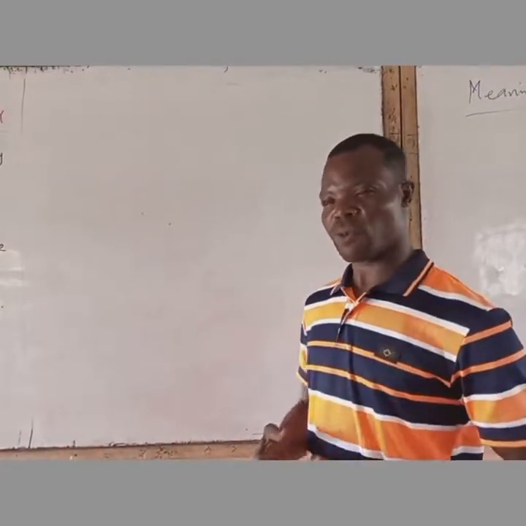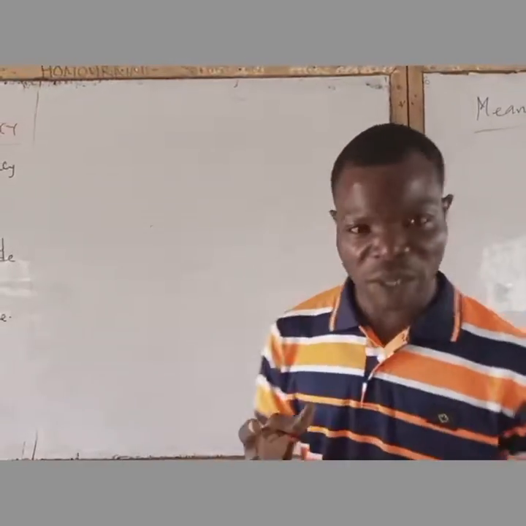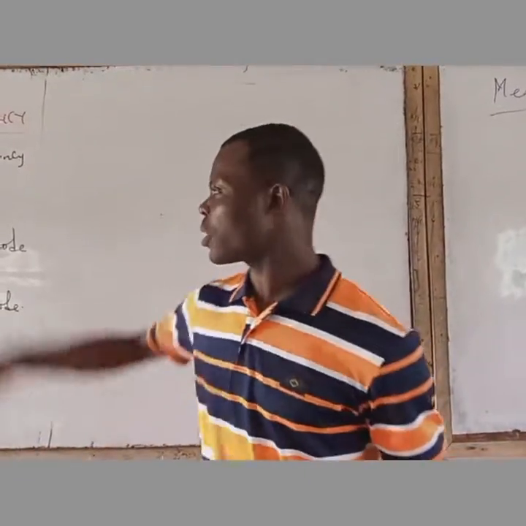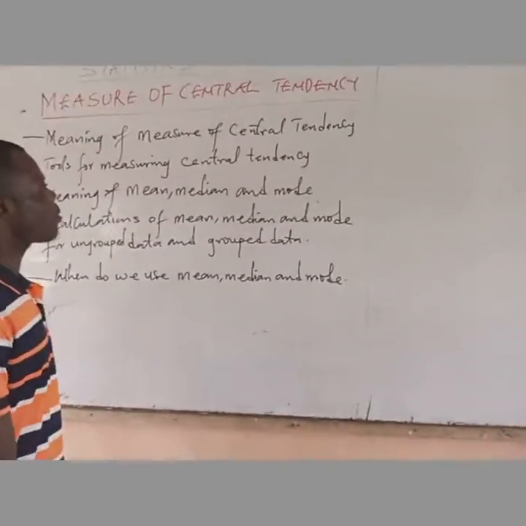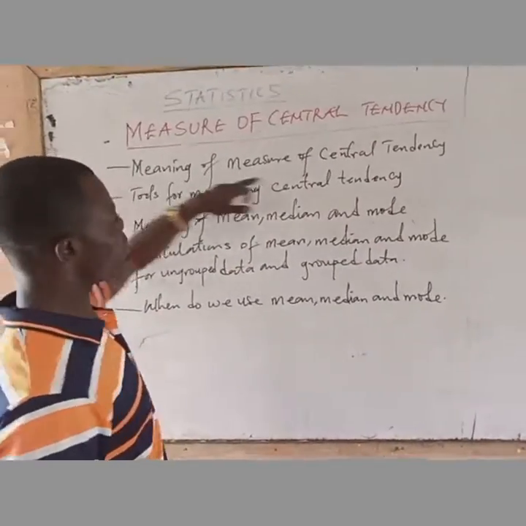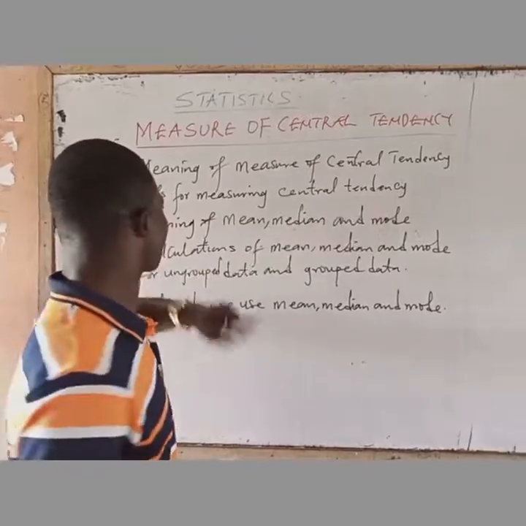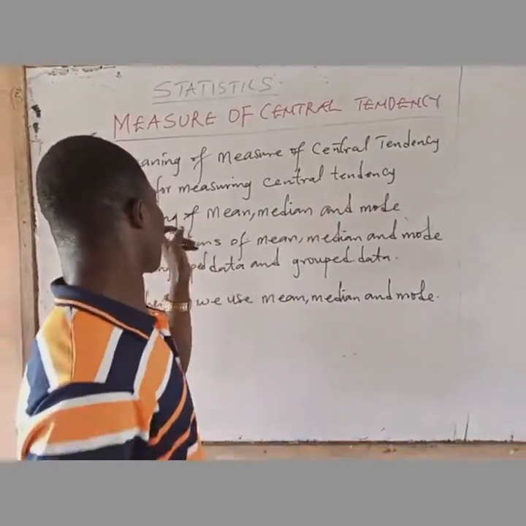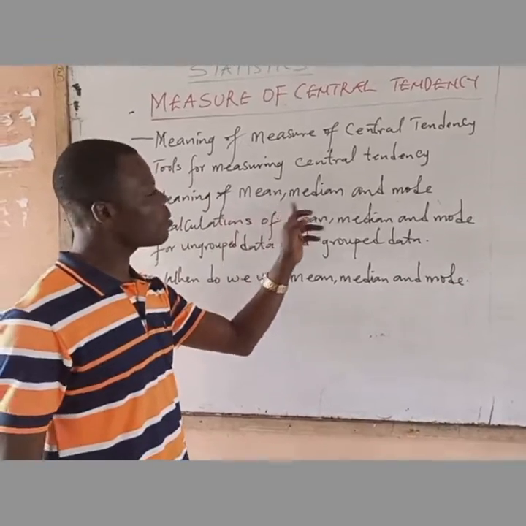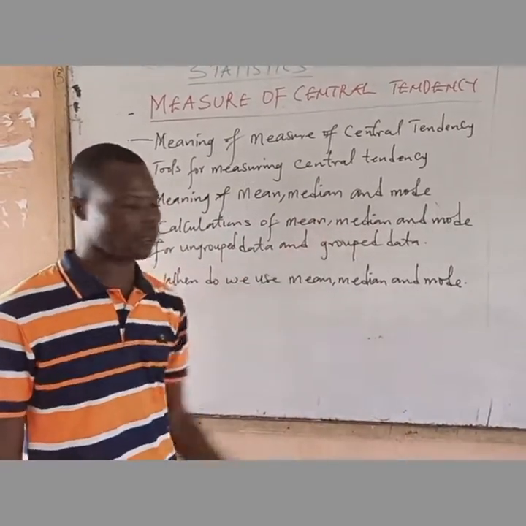What are the things we want to discuss under this measure of central tendency? We want to look at the meaning of measure of central tendency. We look at tools for measuring central tendency and the meaning of mean, median, and mode.